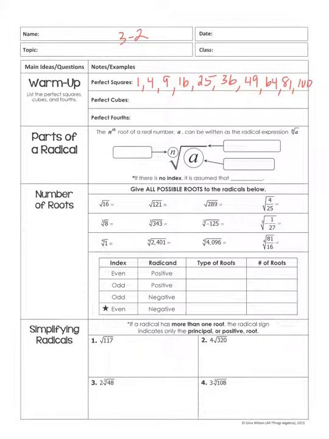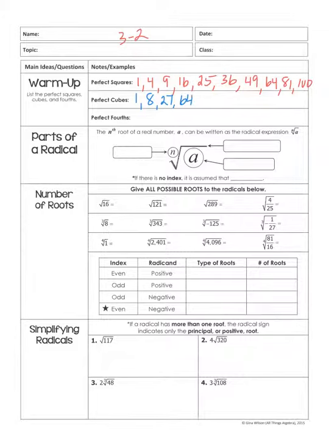Then your perfect cubes are numbers times itself 3 times. So 1 cubed is 1. 2 to the third power is 8. 3 to the third is 27. 4 to the third is 64.